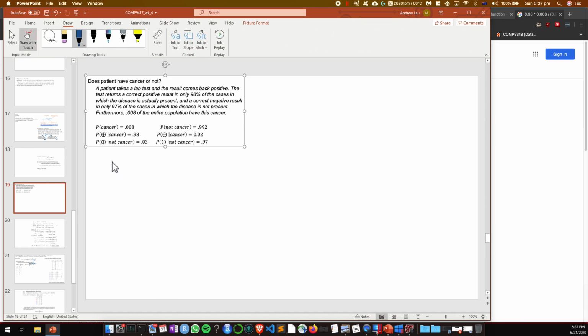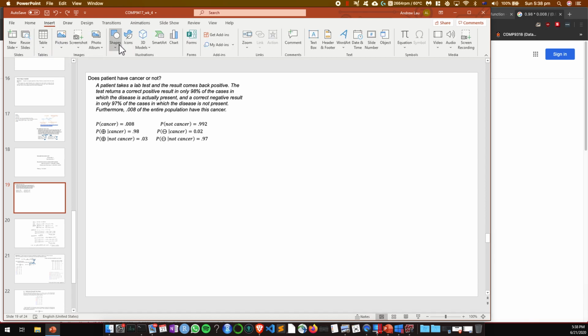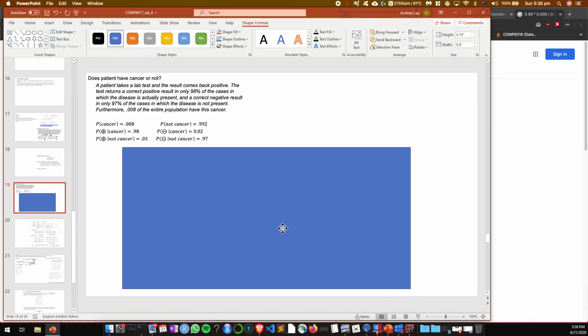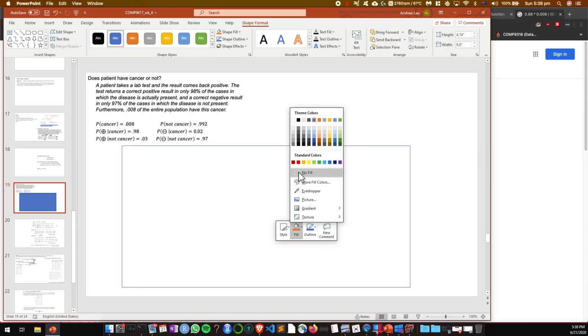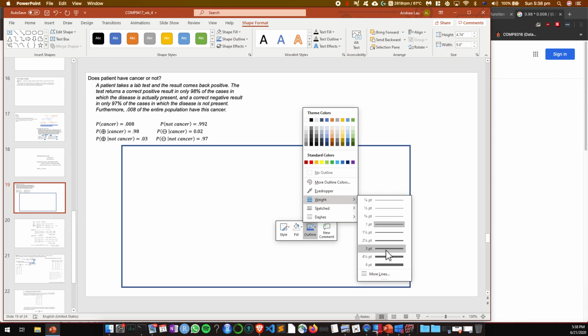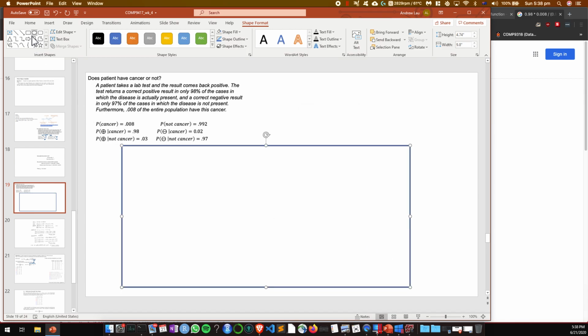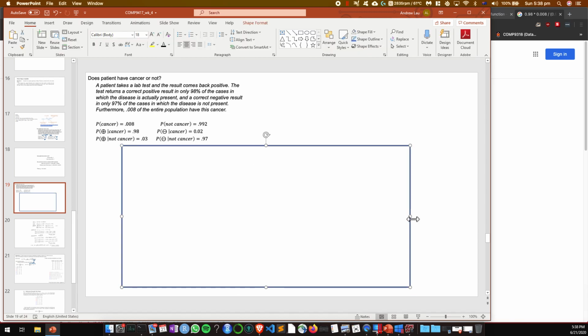Let's say this is our world of people that get tests. All right. Let's not fill it in with anything. Now, let's subdivide this into the people who have cancer.